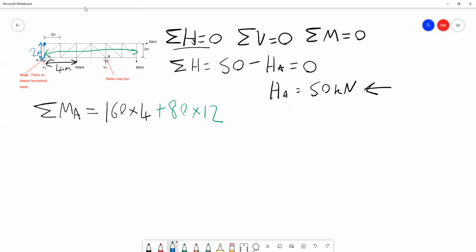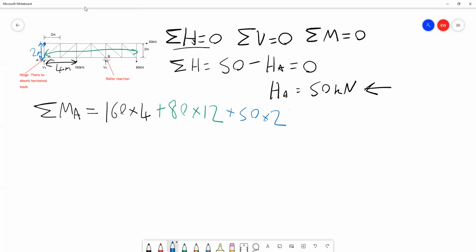So this is also contributing to a turning force, and this is a force of 50 times 2 meters. So there are all the moments due to the forces acting to turn this beam in a clockwise direction with respect to point A.